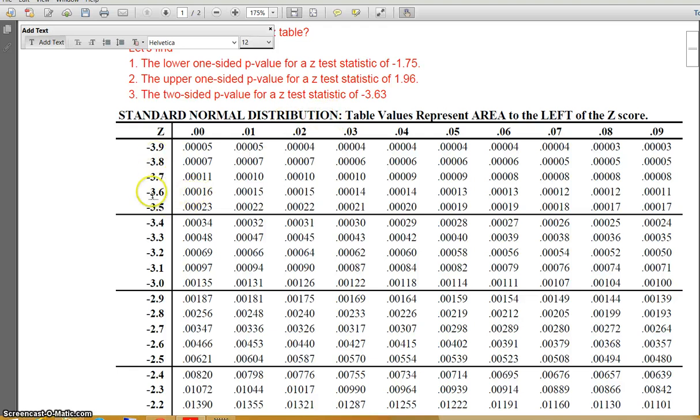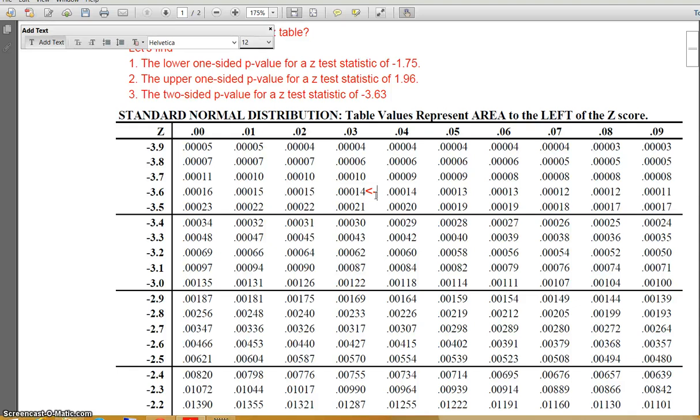So we look at negative 3.63, find negative 3.6 first, scroll over until we find 3, and we find that the area below our test statistic is 0.0014.